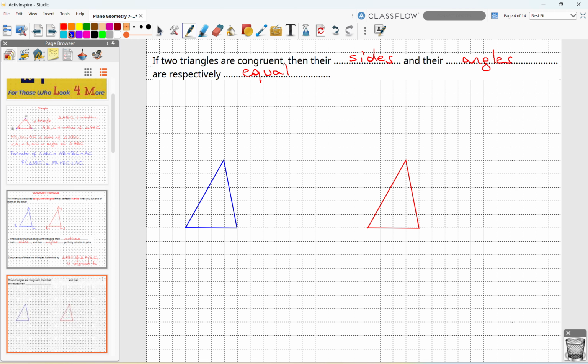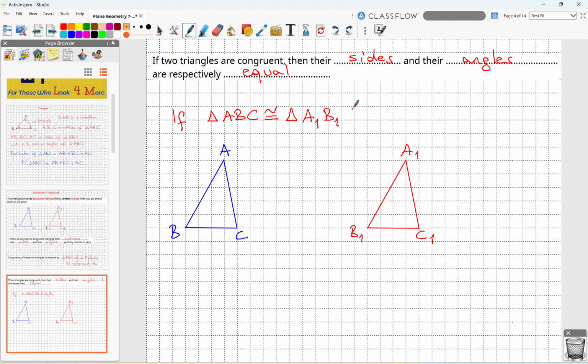For example, remember the previous pair of congruent triangles, triangle ABC and triangle A1B1C1. If triangle ABC is congruent to the triangle A1B1C1, then their sides are respectively equal first.